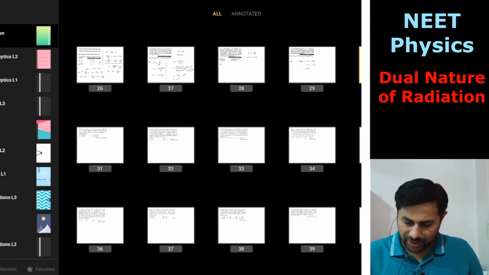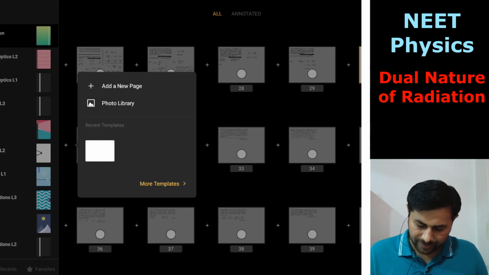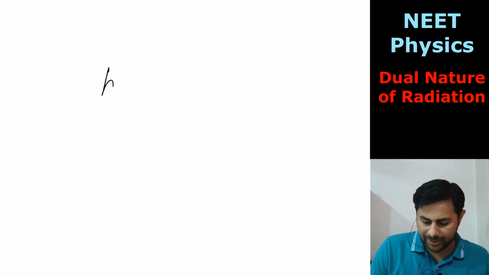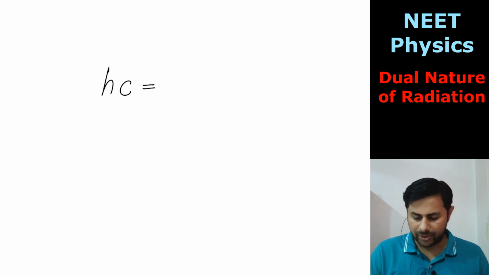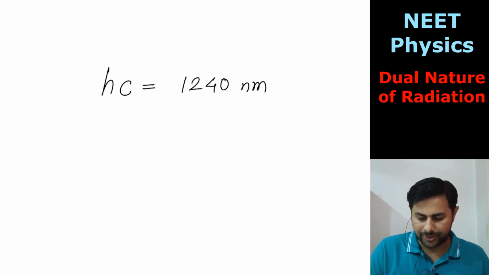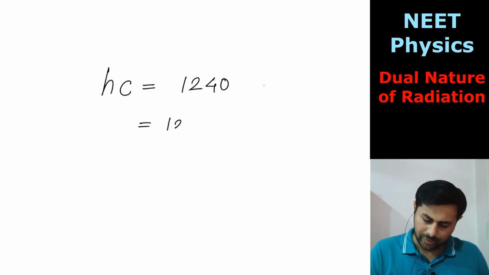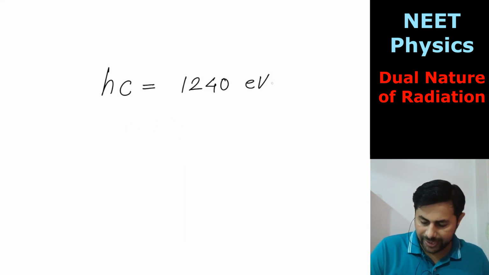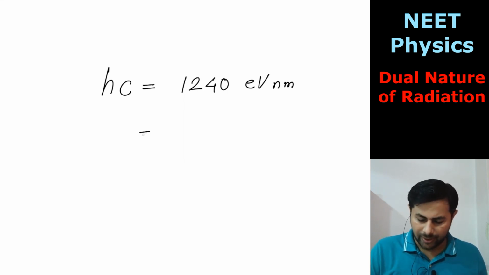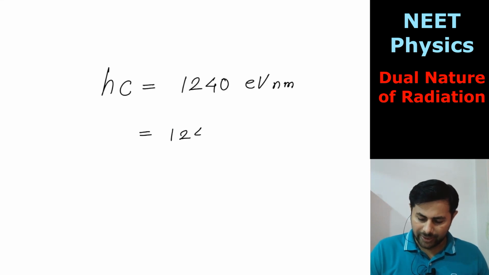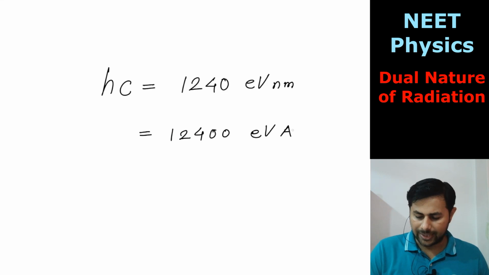All right. There is one thing to remember. The product of h and c, h times c, is equal to 1240 eV nanometers, or 12,400 eV angstrom.